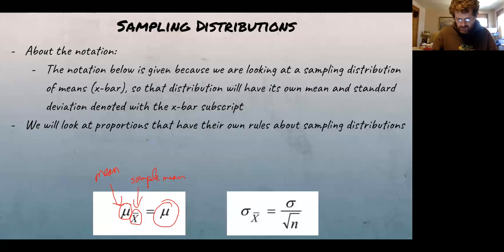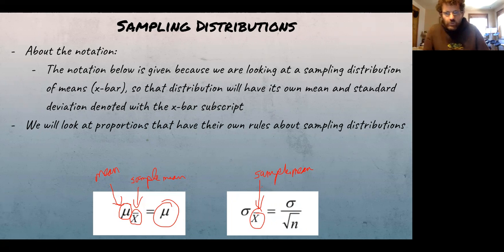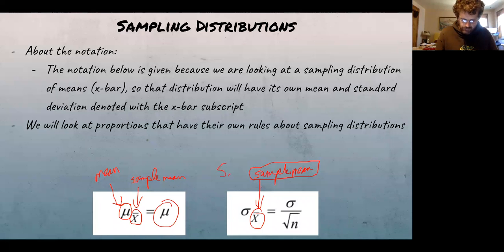Okay, now the standard deviation, again, we have this X bar, so that's still sample means. And what it is, is the population standard deviation divided by the square root of your sample size. Now, we could work with this backwards. There are cases where we can figure out the standard deviation of our sample mean.